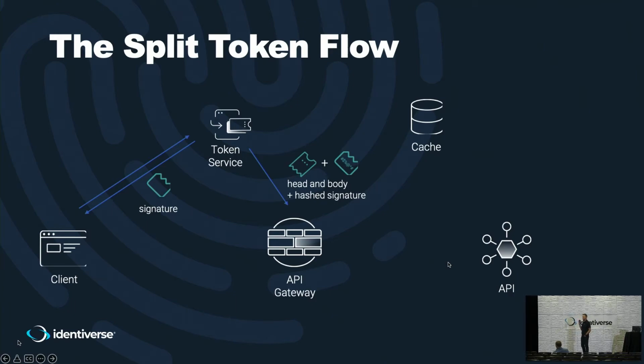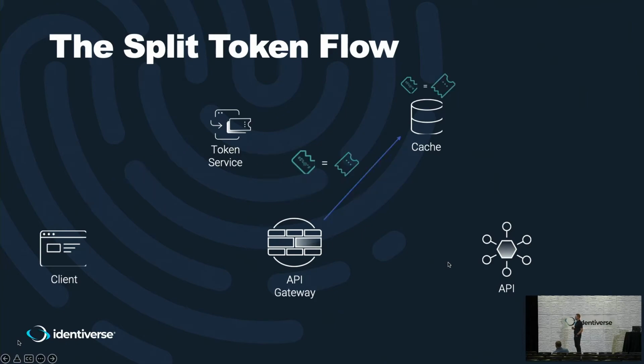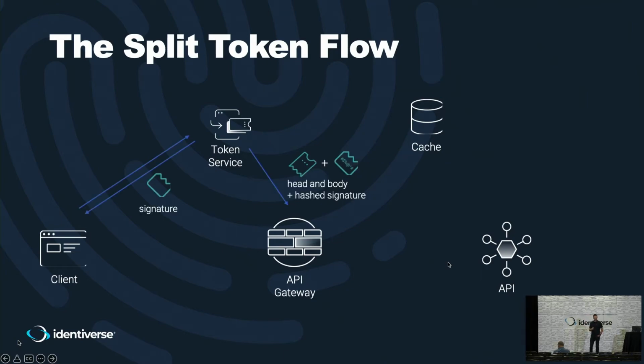It needs to have the capability of pushing this header and body and the hashed signature to a cache. So the header and the body get stored in the cache, and the hashed signature becomes the key to access that information in the cache.